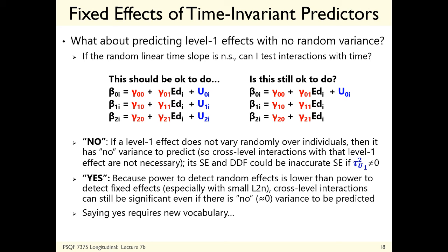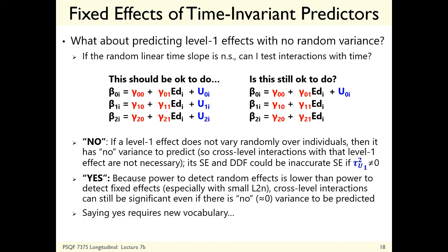So, these people would say, no, this is stupid right now. However, the alternative, which is in a couple other books that I was able to cite as well, is that the power to detect these cross-level interactions is likely higher than the power to detect their corresponding random effect variances. So you could be in a type 2 error situation where you thought you don't have any variance just because you don't have enough power to find it.